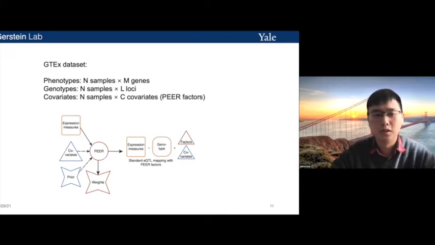So you need to first normalize your gene expression or control it so that it does not have batch effects or is not affected by other factors. This is a standard data cleaning process for RNA-seq. If you are interested in this, you could look at the paper on PEER factors, but we are not going to talk about that now.